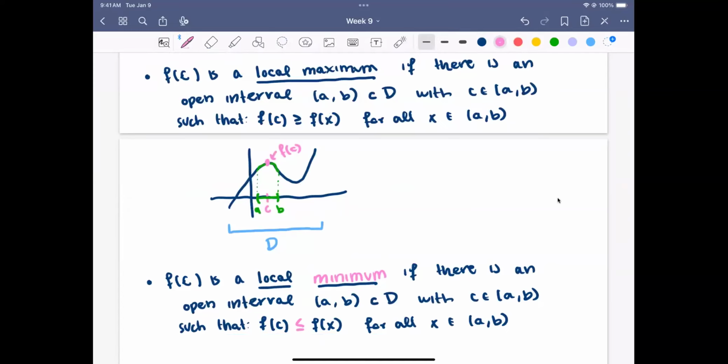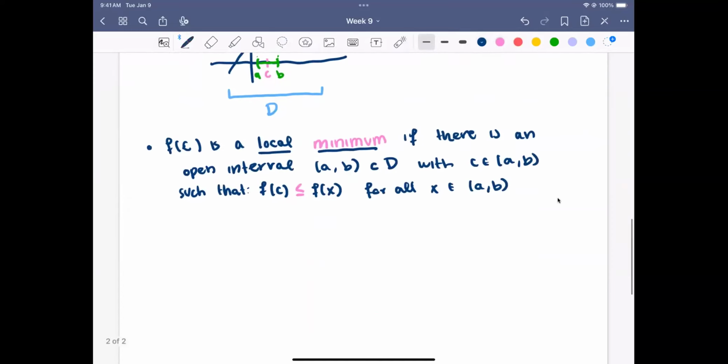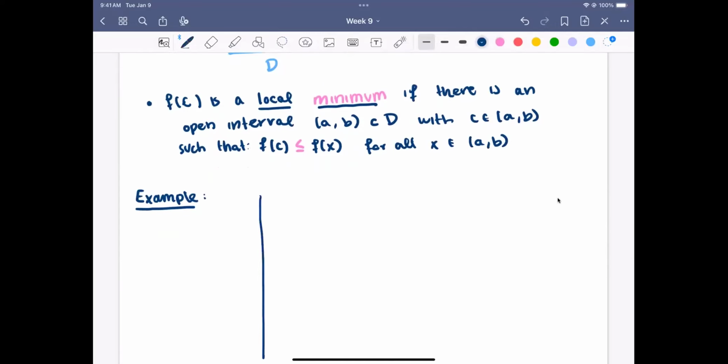So I'll just draw a function and we'll label the absolute max, absolute min, local maxes, and local mins. Our domain will not be the whole thing, it'll be something like this.